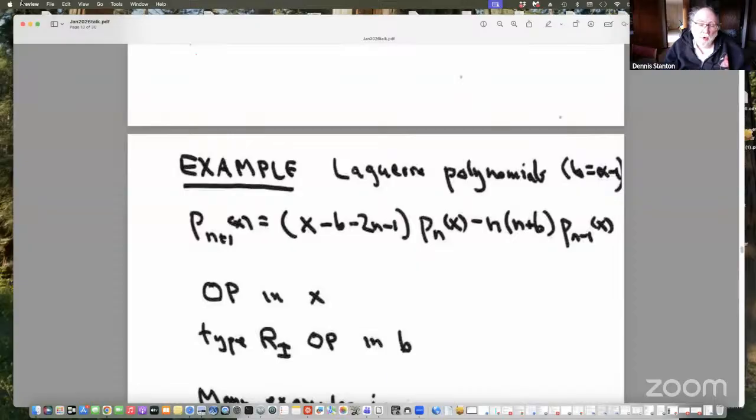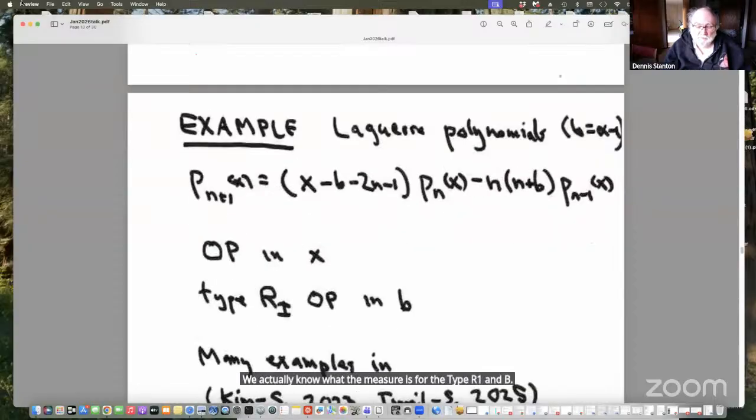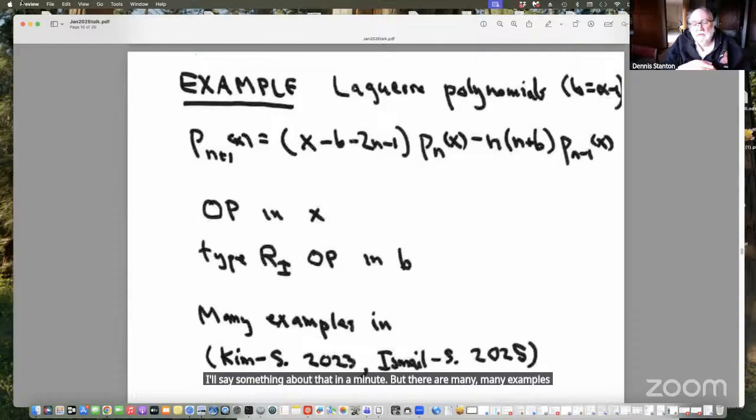We actually know what the measure is for the type R1 in b. I'll say something about that in a minute. But there are many, many examples of this. In 2 papers I wrote recently, one with Jiangsu Kim, not Dongsu, Jiangsu Kim, and a paper I did with Mourad, many, many classical examples in terms of hypergeometric and basic hypergeometric series.